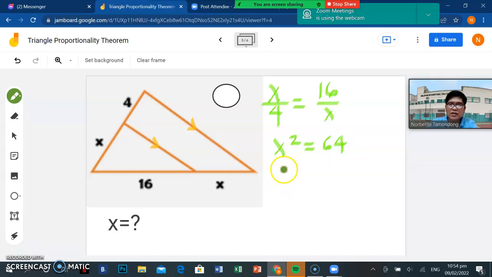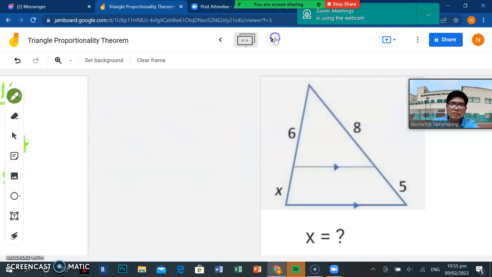So therefore, x is equal to 8. Okay, so 8 is to 4, that is 2 is to 1. 16 is to 8 is also equal to 2 is to 1. So therefore, x is equal to 8.